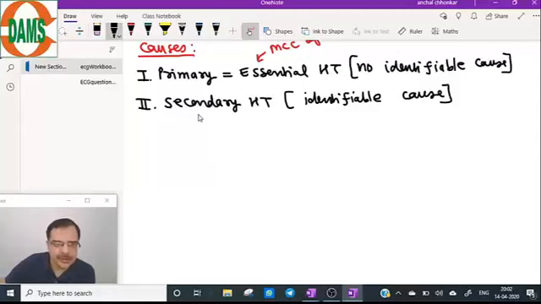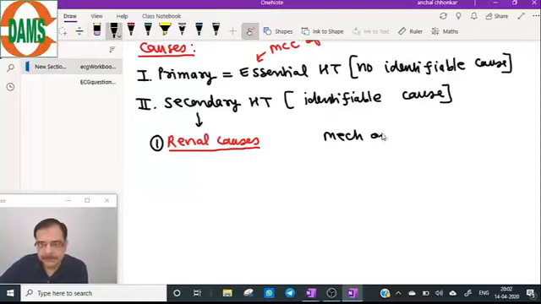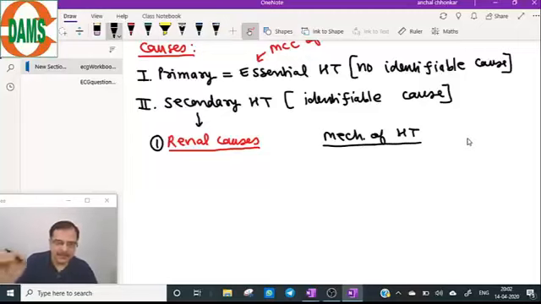Renal related causes. So, number 1 group will be renal causes. Renal causes, mechanism of hypertension. And simultaneously, why are these secondary hypertension causes important?